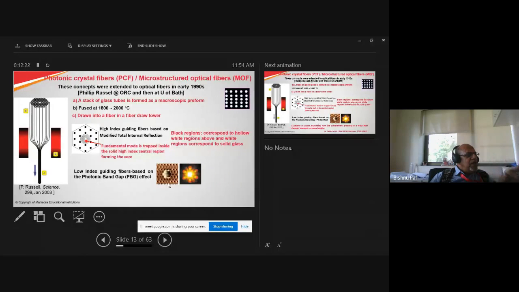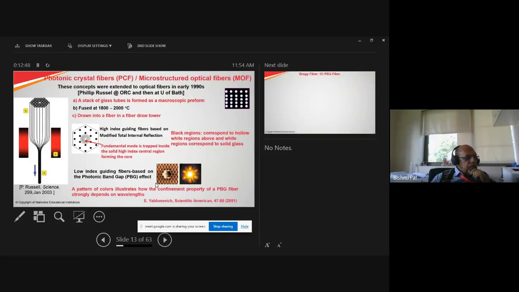Now the overall refractive index of the surrounding region would be higher than that at the center, which is air. So there is no total internal reflecting structure, but it can still guide light, and this guidance is known in the literature as the photonic band gap effect.